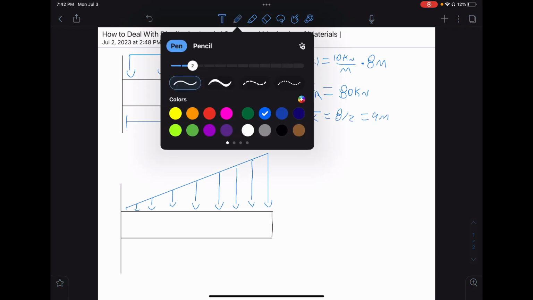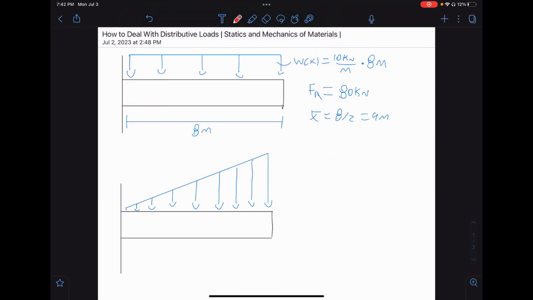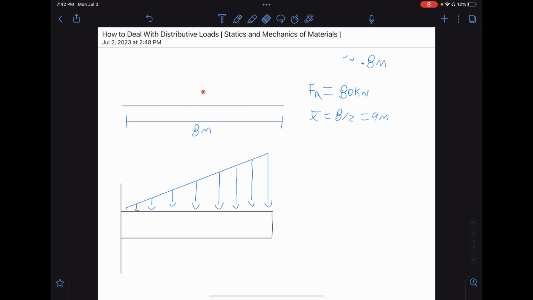So you would place this force, I'm going to do it in red so it's easier to see. You would get rid of your distributive loading and you would replace it with a resultant force called Fr that's equal to 80 kilonewtons right in the midpoint of that distributive loading. Very easy for rectangle. Now let's move on to a triangular loading.